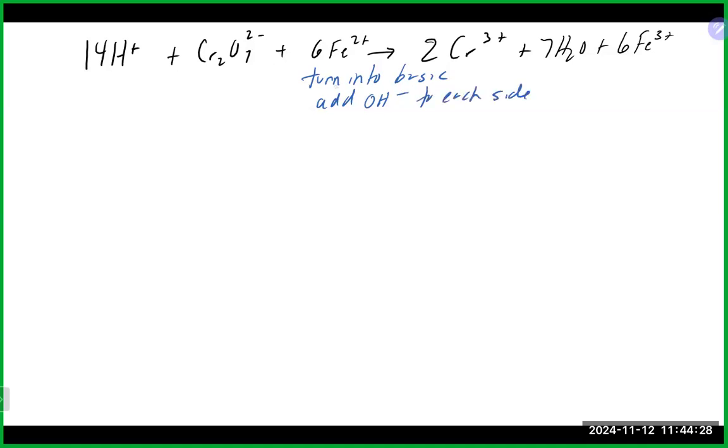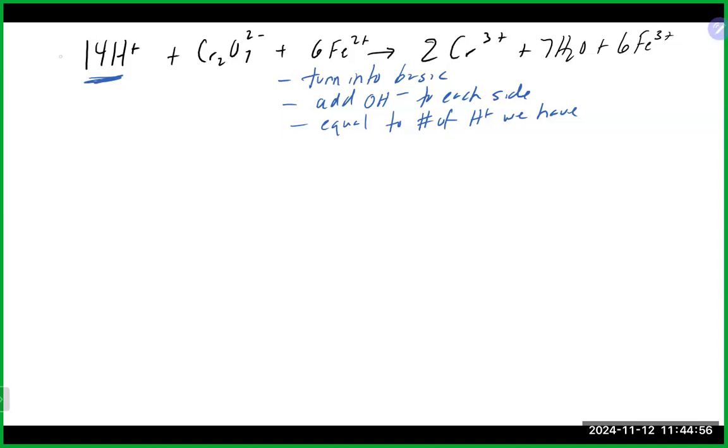And the amount of OH minus that we're going to add is equal to the number of H pluses we have. So again, you just go through the balancing steps like we did. You balance it in acidic conditions. And then as we see here, we have a certain number of H pluses in our equation. And that is the exact amount of OH minus we want to add.